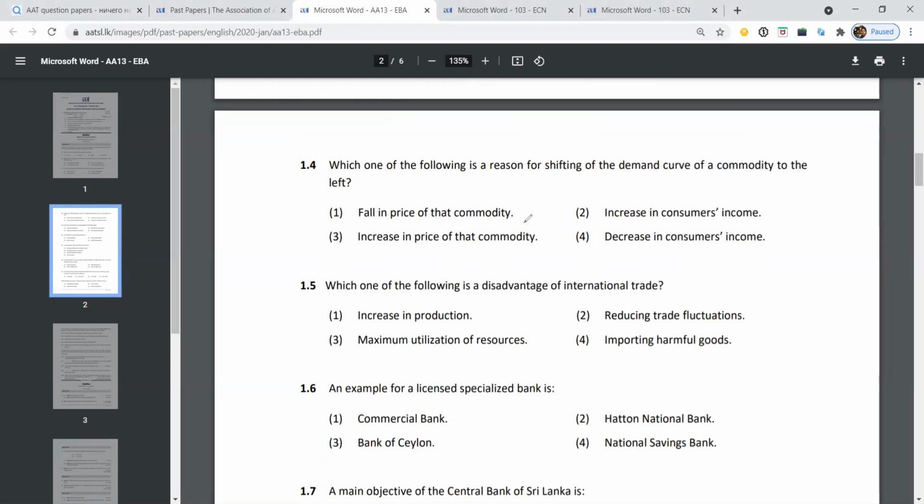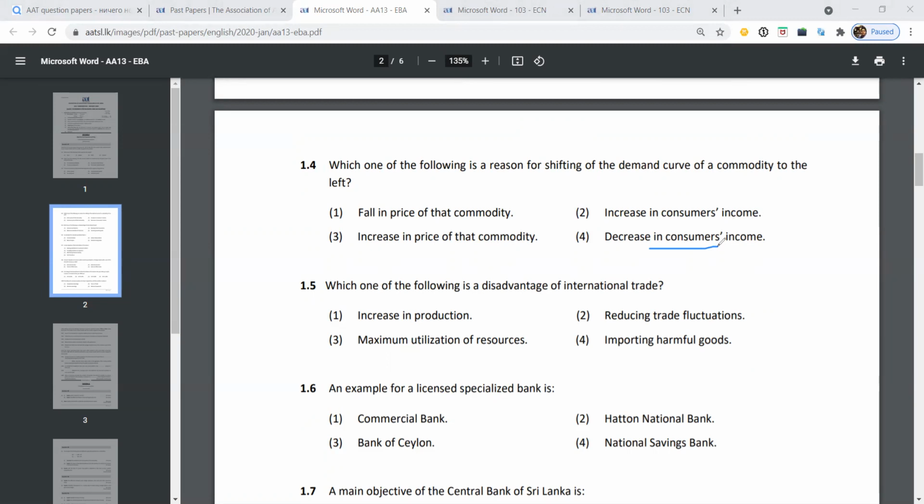Falling price means an increase in quantity demanded, a movement downward along the curve. An increase in consumers' income causes a rightward shift. An increase in price means a contraction, a movement upwards. A decrease in consumers' income is why the demand curve shifts to the left.